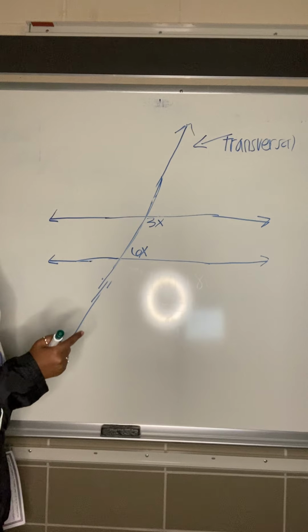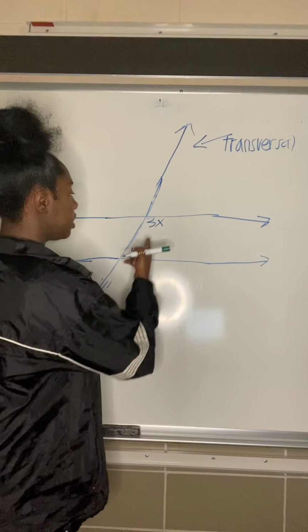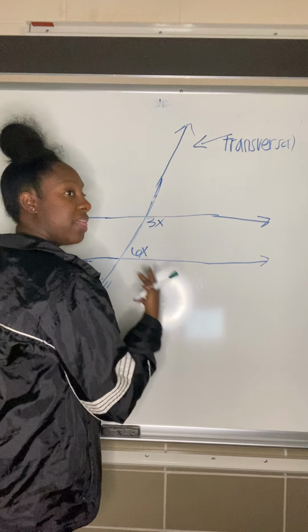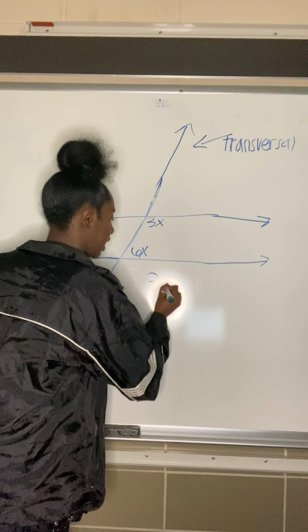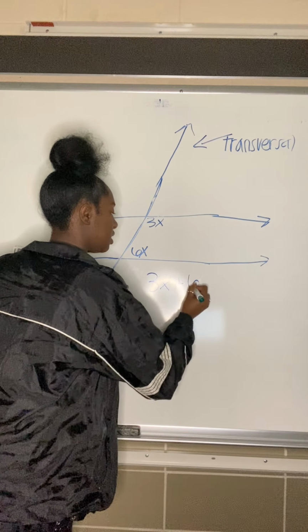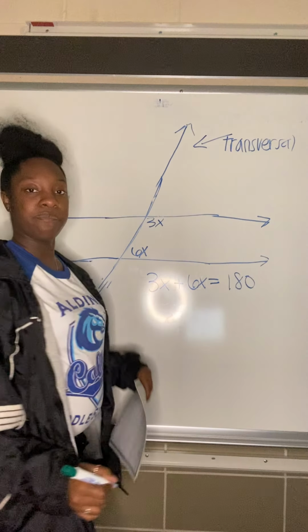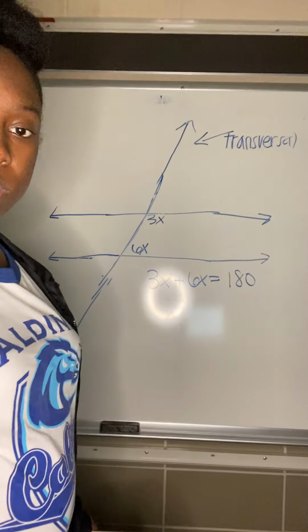So they equal 180, right? In order to find this, we know that when you add these angles up, they equal 180. So I'm going to add them up: 3x plus 6x equals 180. Simple as that. Okay? Let me see, I don't think you can see that.